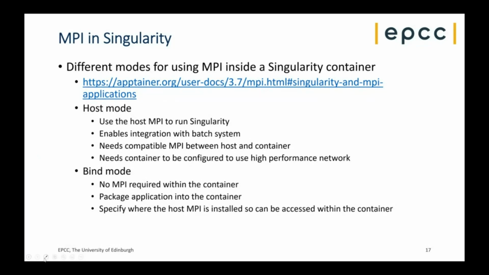You can also do it in something called bind mode, where you provide a container which doesn't have any MPI in it, but you just bind in the MPI from the external host environment, and let it interface up to that instead. So both of these work.